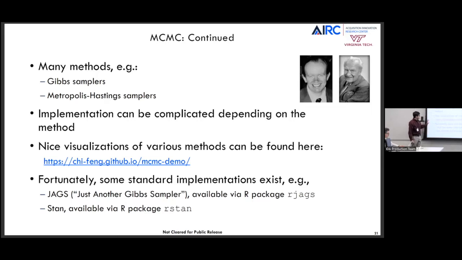These can be quite complicated to implement, but the nice thing is that there are a bunch of implementations that somebody else wrote and maintained, so you don't need to. Lots of them have wrappers in R, for example. RJAGS is a very popular one, and Stan is a very popular one. So don't feel like this is too intimidating, because people have already done the hard work for this.